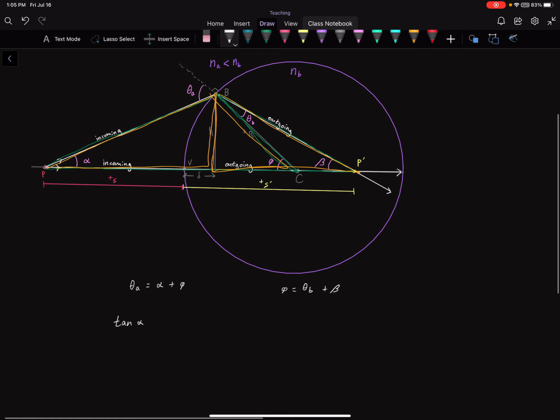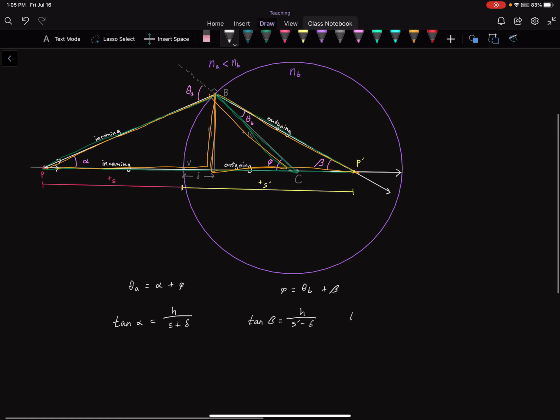That would be equal to h over s plus that delta amount. Tangent of beta is equal to h over s prime minus that delta bit. And then tangent of phi is equal to h over r minus that delta amount.